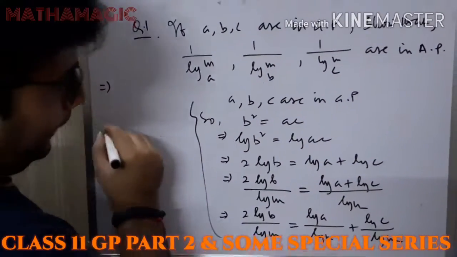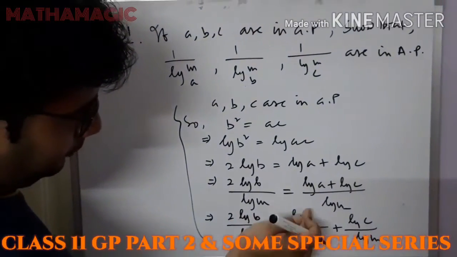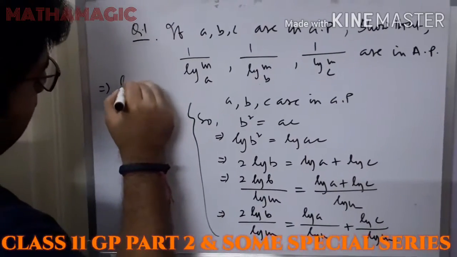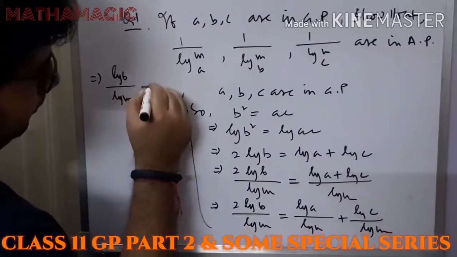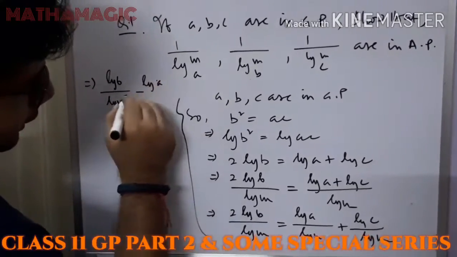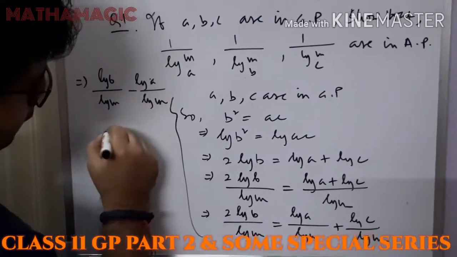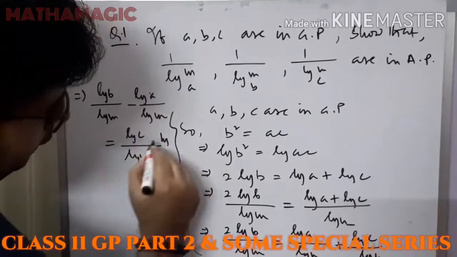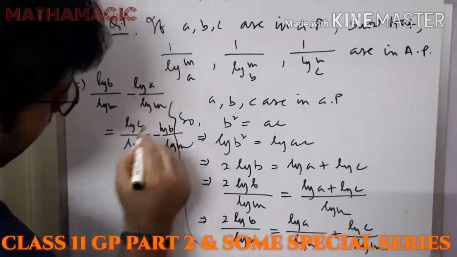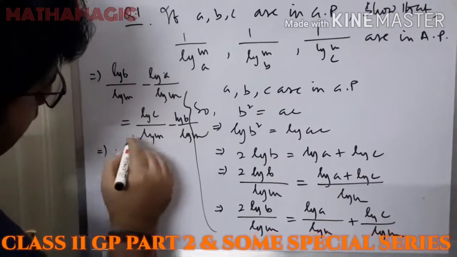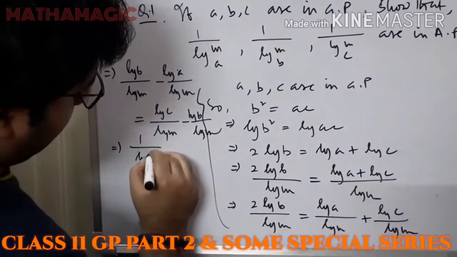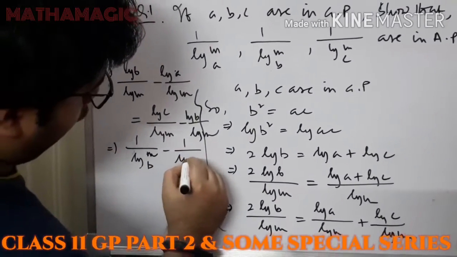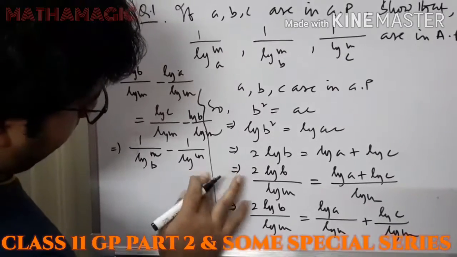If I change the sides of log A by log M to the left hand side, then log B by log M minus log A by log M will be equal to log C by log M minus log B by log M. Now we can clearly write that 1 by log of M base B minus 1 by log of M base A.